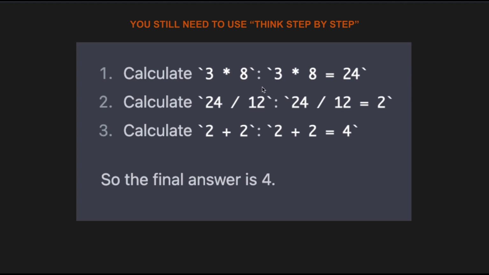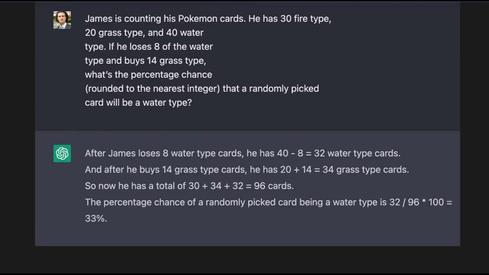You can see that the format is a little bit different in how it displays. It looks more like coding with these quotations, but you still need to use step by step, because the temperature will still be too high in the chat. It's for conversation, it's not for calculations if you don't tell it to be.